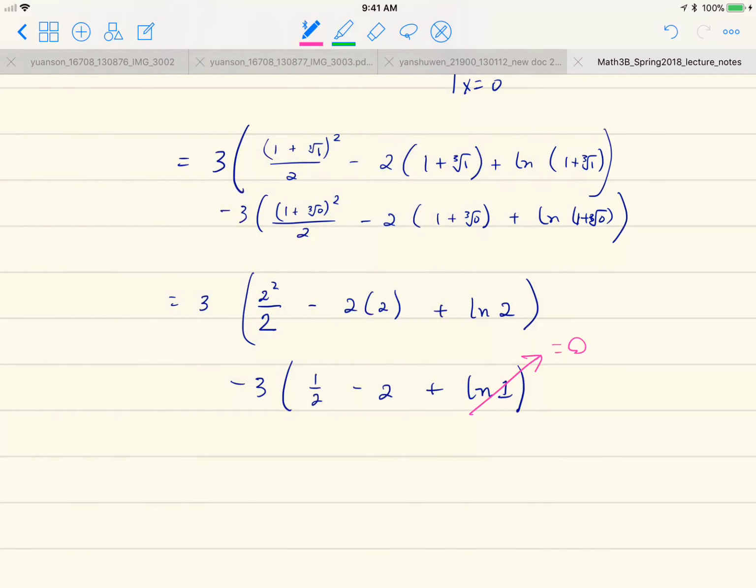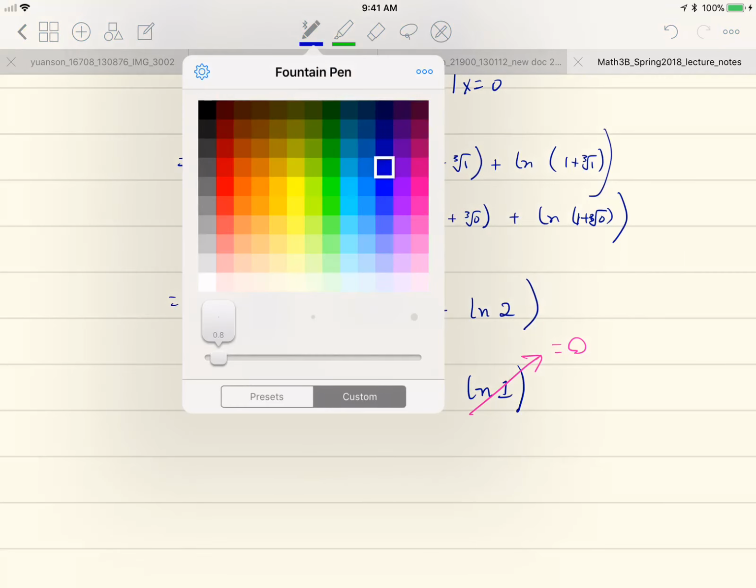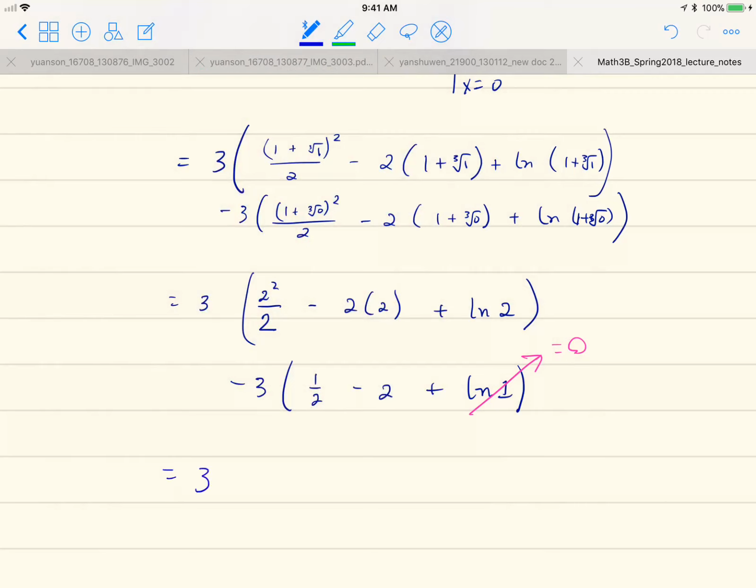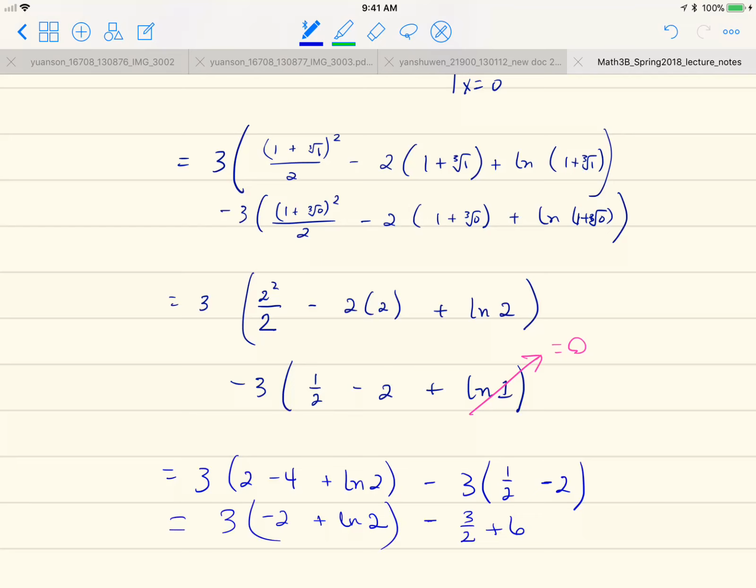It's equal to 0. So we'll have 3 times that. So that's 4 over 2, which will be 2, minus 4 plus natural log of 2 minus 3 times 1/2 minus 2. 2 minus 4 is going to be negative 2 plus natural log of 2 minus 3 over 2 and plus 6. And all this times 3.